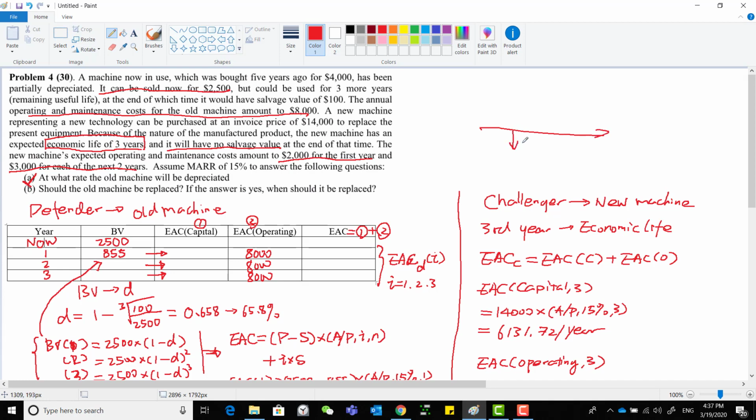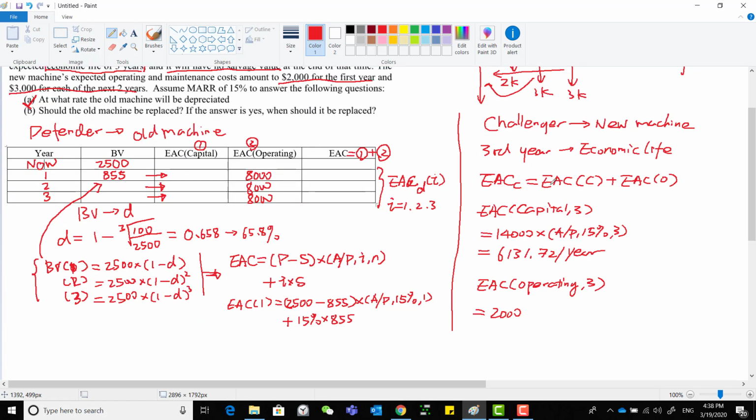This is just for the operating costs for the challenger: $2,000, then $3,000 and $3,000. In order to calculate the EAC, we can convert all these cash flows into present worth and then spread it over the 3-year period.